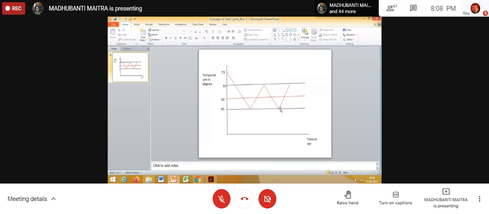Linear systems cannot exhibit limit cycles. So limit cycles are observed in nonlinear systems only.